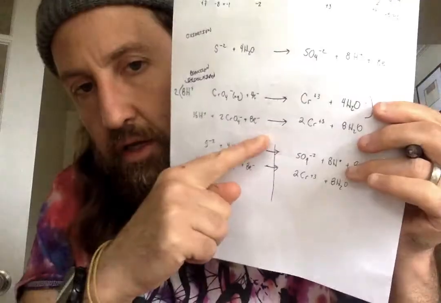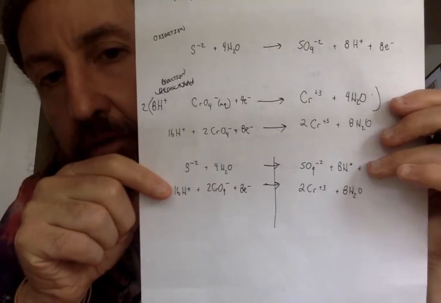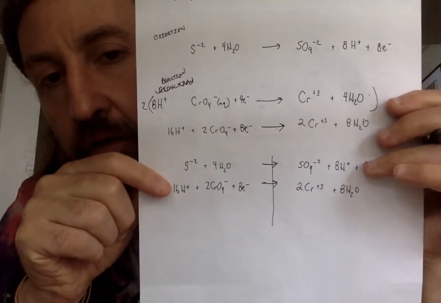Plus 2CrO4- plus 8 electrons, 2Cr3+ plus 8H2O. Alright, and then I usually like to put a line there, just so I can tell. So now I can start crossing off.